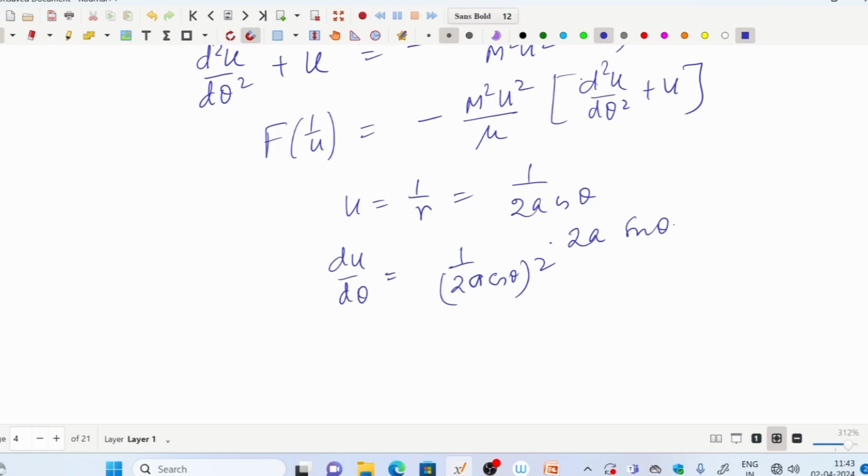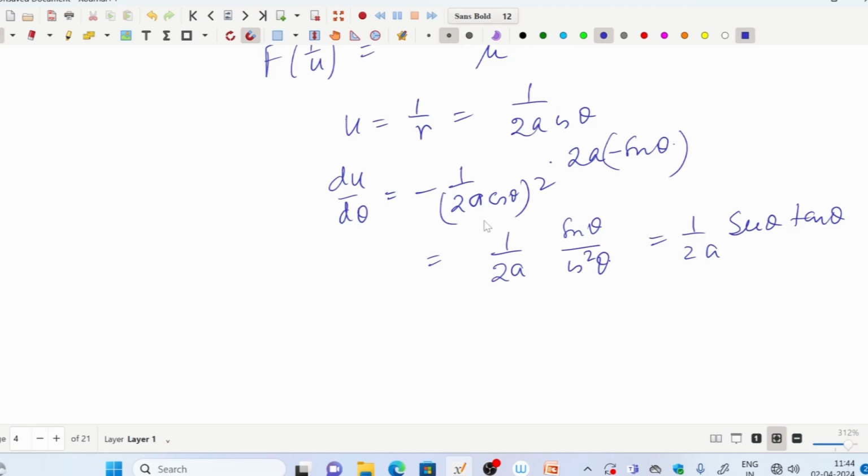Okay. That means 1 over 2a will get cancelled, sin theta by cos square theta. There will be a minus from here and a minus from there. So, you can write this as 1 over 2a sec theta tan theta. This you can write from trigonometry, no problem.